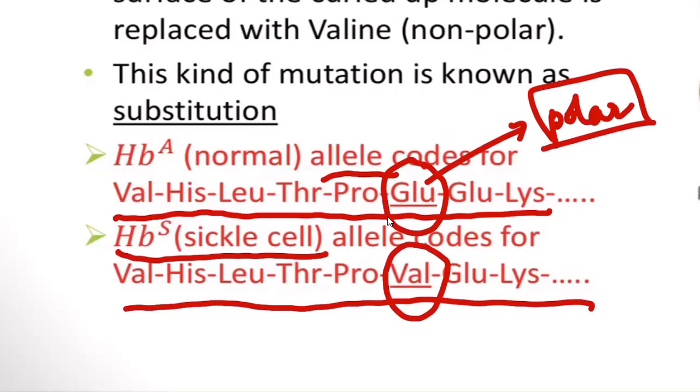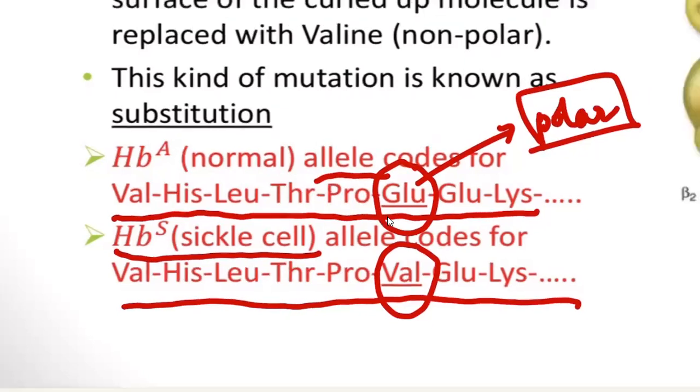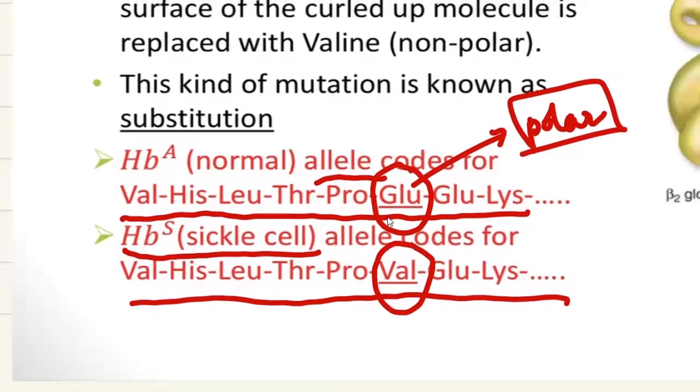What does polar mean? Soluble. Soluble in water? Yes, yes. And non-polar means insoluble in water, right? So glutamic acid is a polar amino acid, and it's replaced by valine, which is a non-polar amino acid.